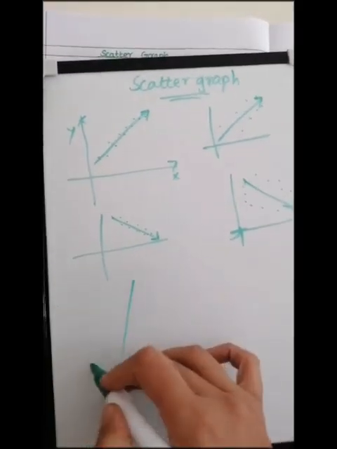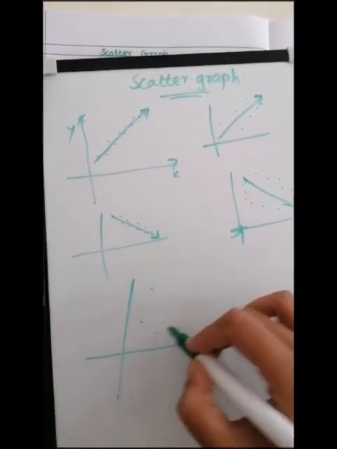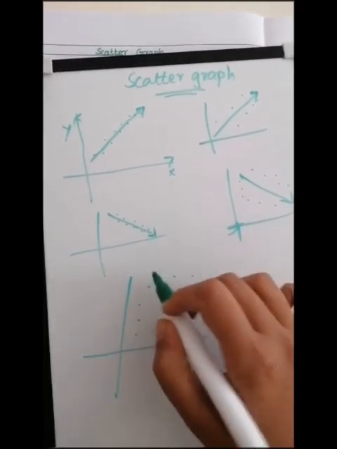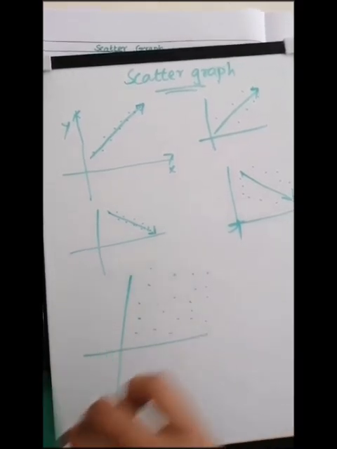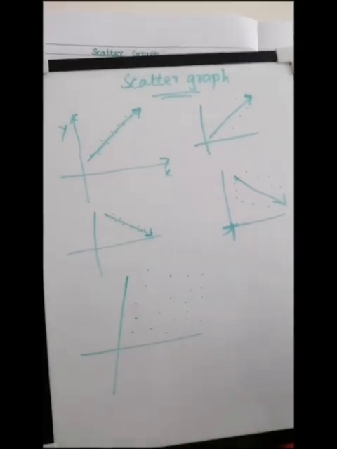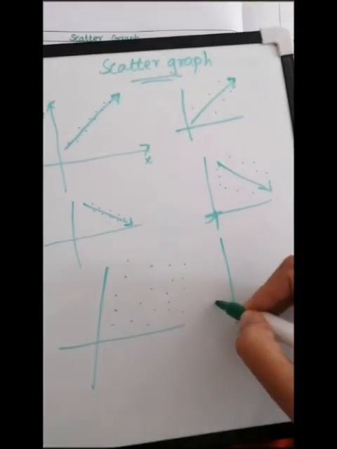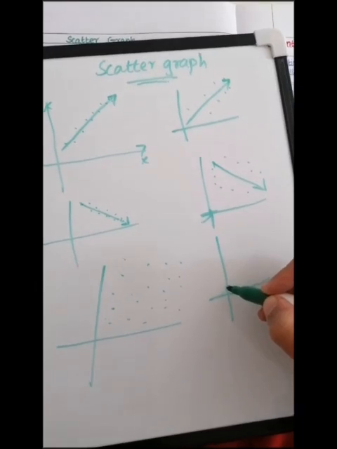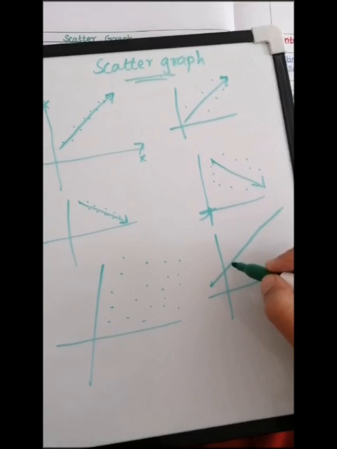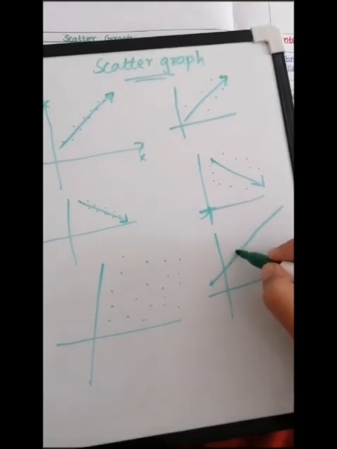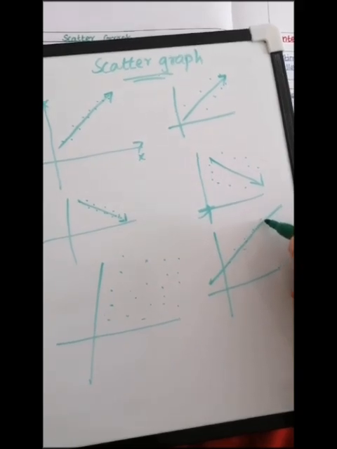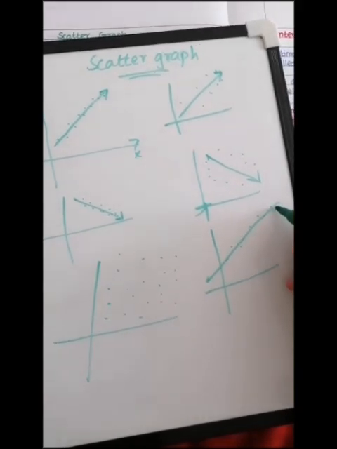Now we see no correlation: there is no line and no pattern in the points. This is called no correlation. Now we see the line of best fit, the line passing through the dots, nearer and nearer to a strong correlation.